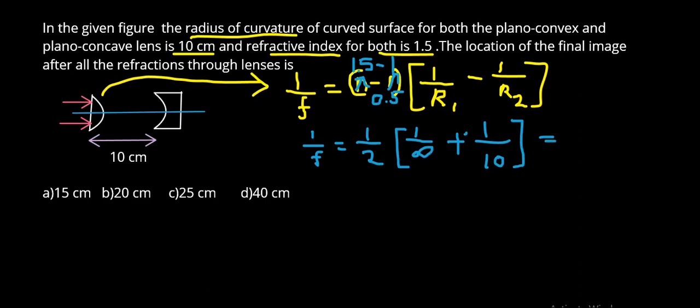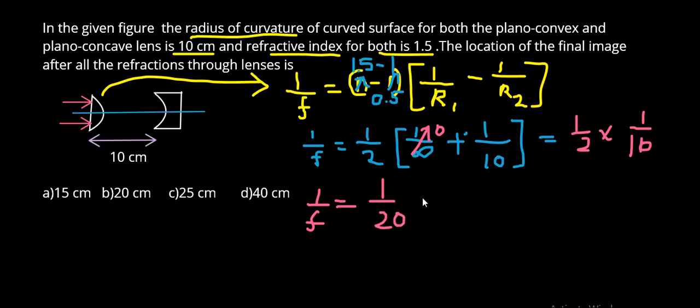We know that 1 by infinity is equal to 0. So 1 by 2 times (0 plus 1 by 10) gives 1 by 20. Finally, 1 by the focal length of this plano-convex lens is equal to 1 by 20, which gives the focal length equal to 20.